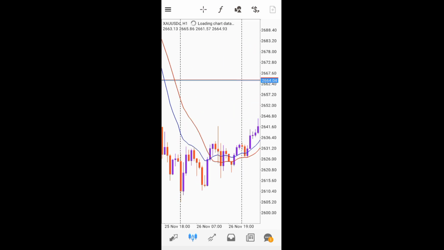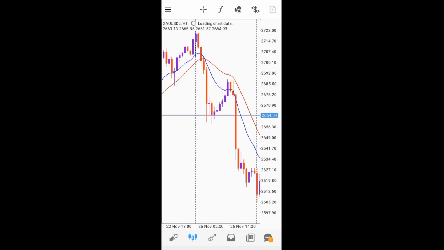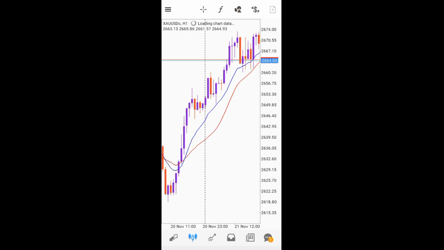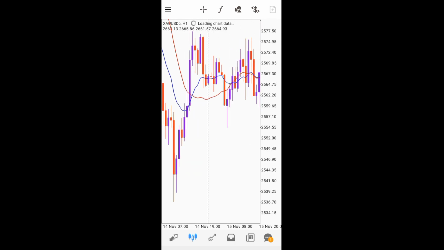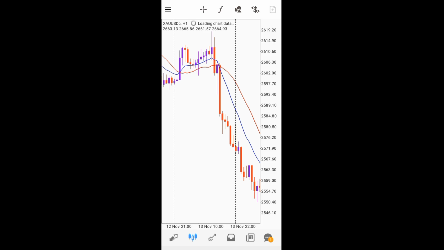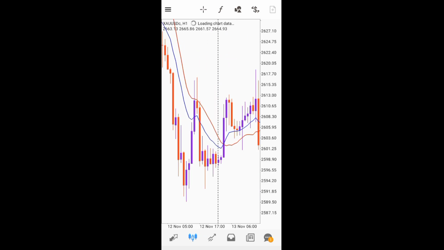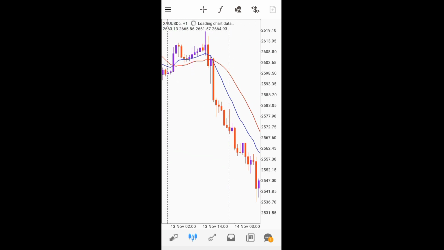So let's find a selling opportunity based on this strategy. Going back, finding a bearish engulfing candlestick, and when we had a bearish trade. As you can see, around this area we had a buying or bullish candlestick, and around this area we had a bearish candlestick.